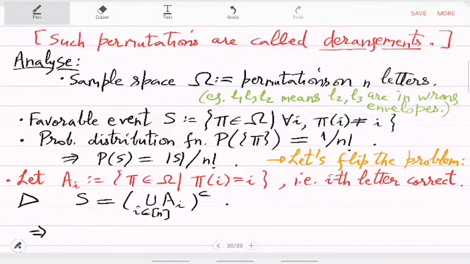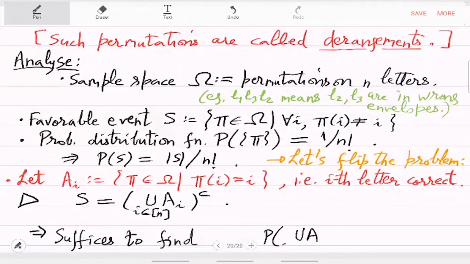This means that it suffices to find the probability of the union, because once you have that, 1 minus that value will be your answer.